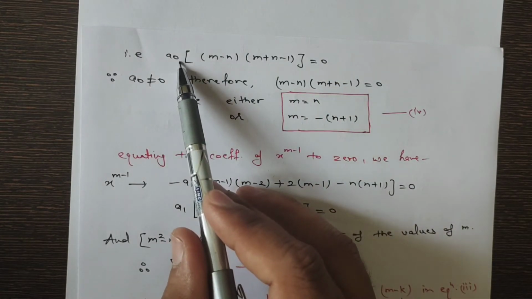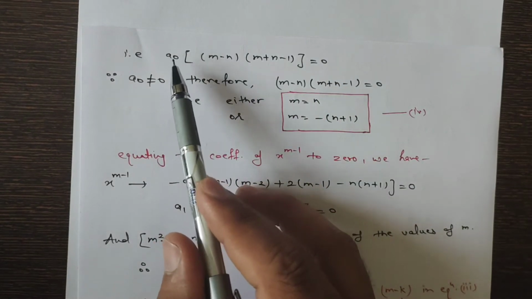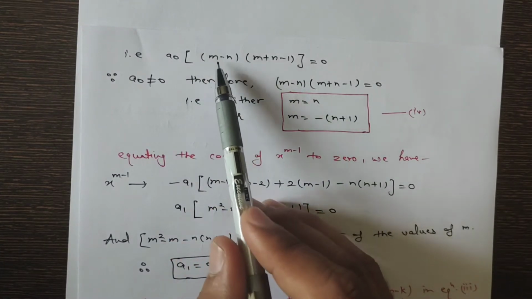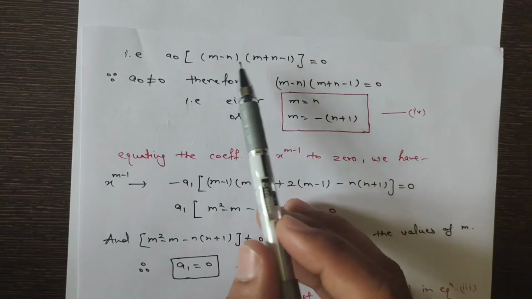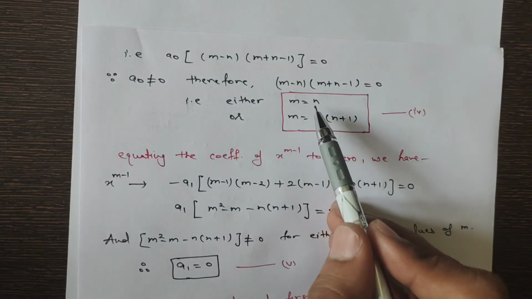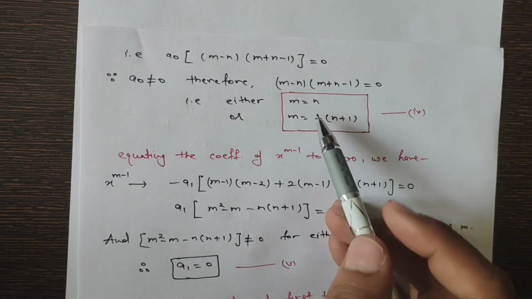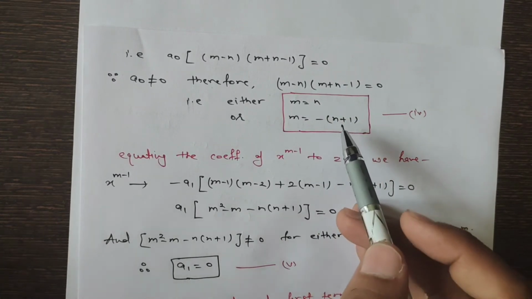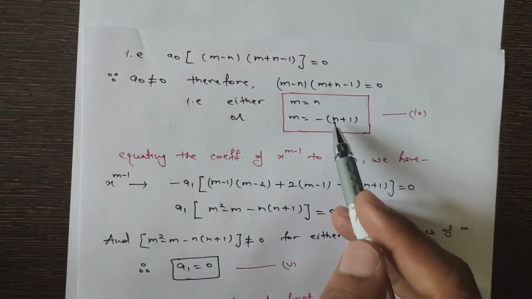Clearly a naught can't be 0, as we had assumed that a naught must be non-zero. So the only possibility remaining is that this term must be 0. From there you get the roots of the initial equation: one root is m equals n, and the second root is m equals minus of n plus 1. We will solve for these two values separately.